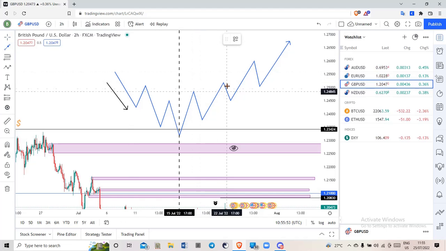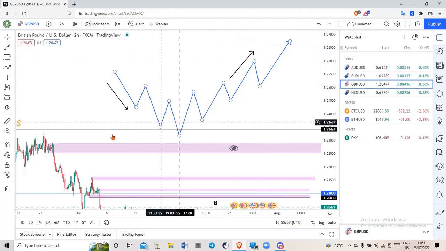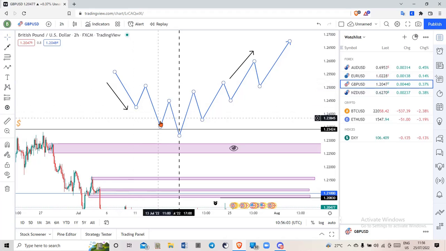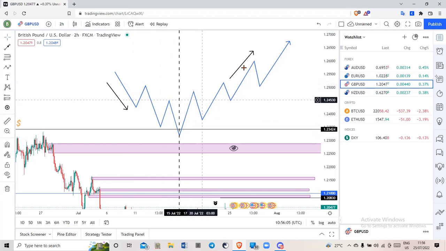This area it's going up. So this part of the market that is pointing towards the downside is a downtrend, while this part that is pointing towards the upside is an uptrend. So then again, how do you now know what is a downtrend and what is an uptrend?